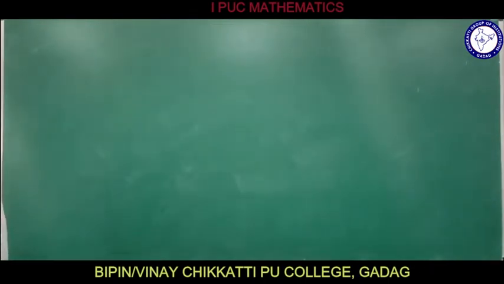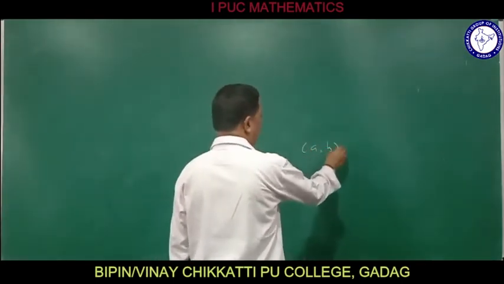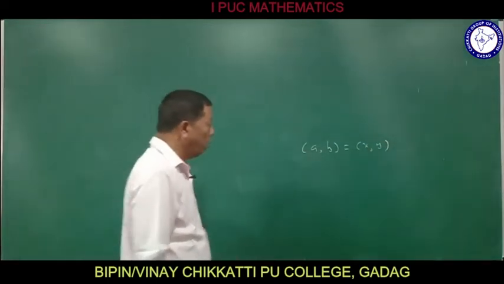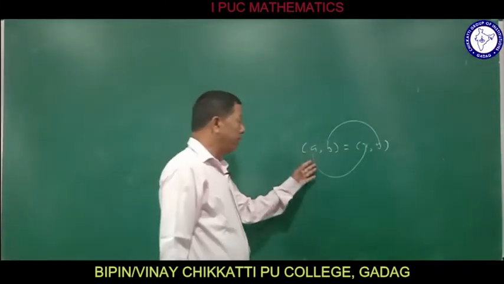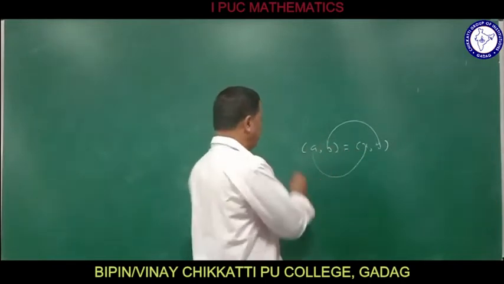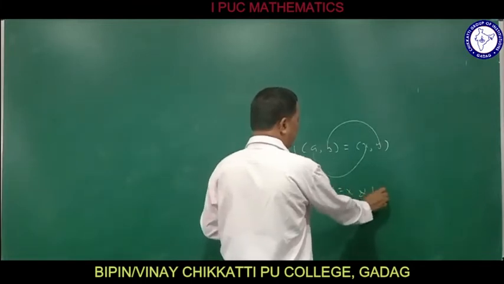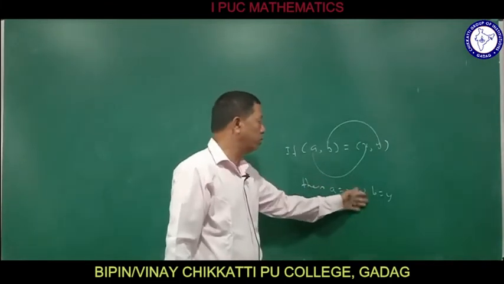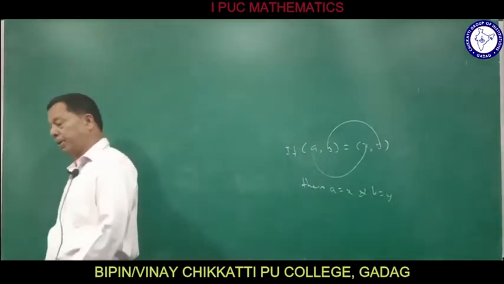If two ordered pairs are equal, (a, b) equal to (x, y), then a equals x and b equals y. And conversely, if a equals x and b equals y, then the ordered pairs (a, b) and (x, y) are equal, if and only if that condition holds.